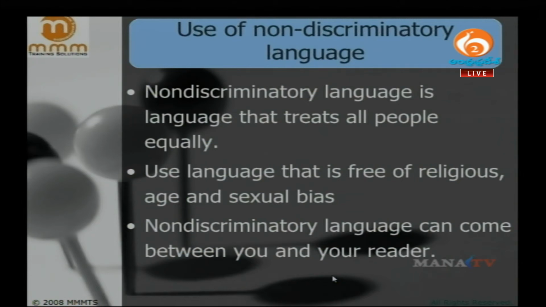Non-discriminatory language can come between you and your reader. So, be mindful, as your writing is not going to be effective in case you allow it to follow these 3 pointers. You have to be careful on this.